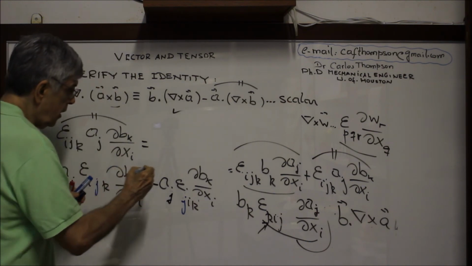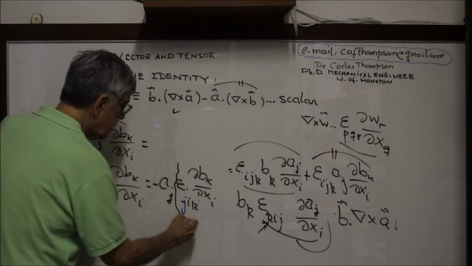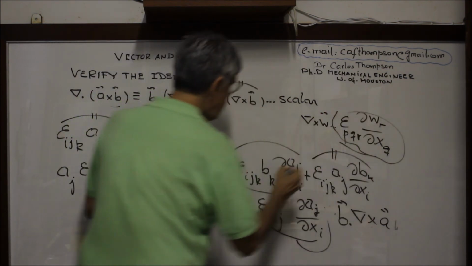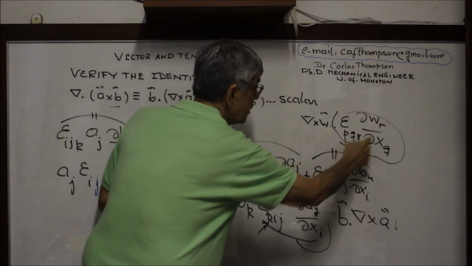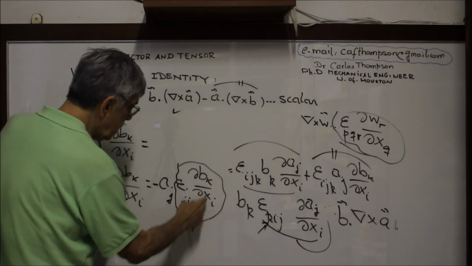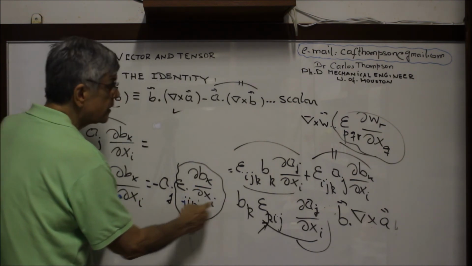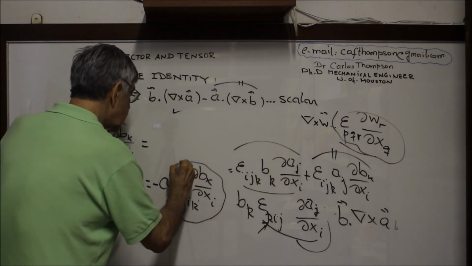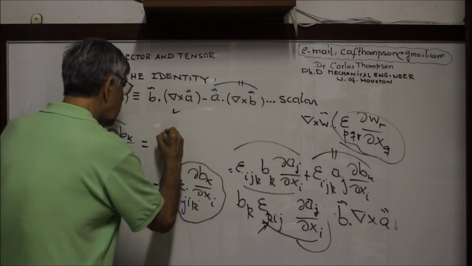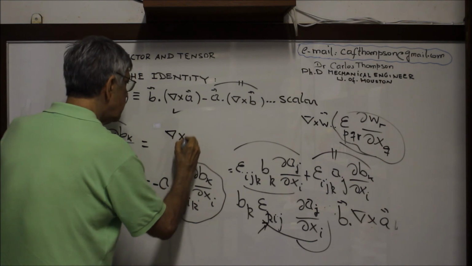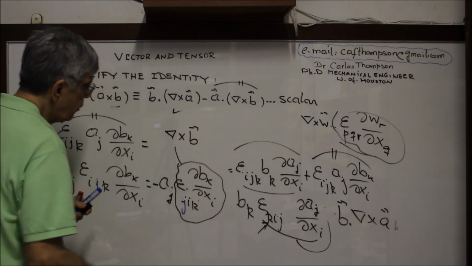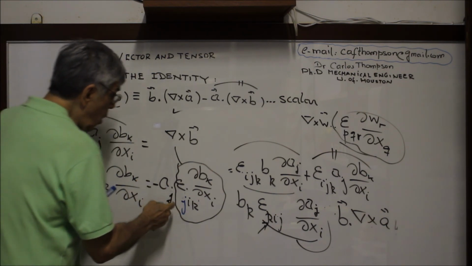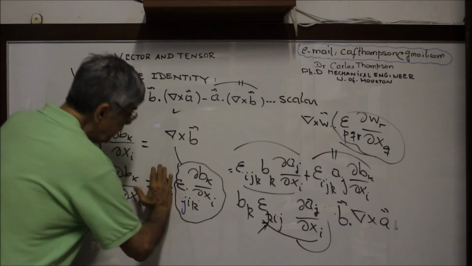Now look here and look here. R goes there, so K goes there, in the second place Q goes there, and I goes there. So this corresponds to the rotational of B. Now, what is the free index here?